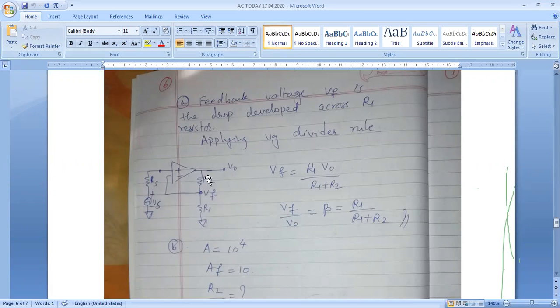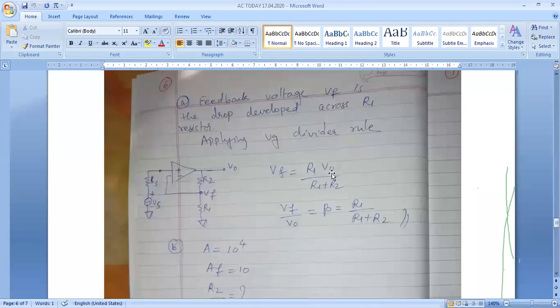So what I am doing here is simply applying the voltage divider rule to this particular branch consisting of R2 and R1 resistors. So you are tapping V0 here. The total voltage is V0 into the same resistor R1, divided by the sum of the two resistors connected in series.